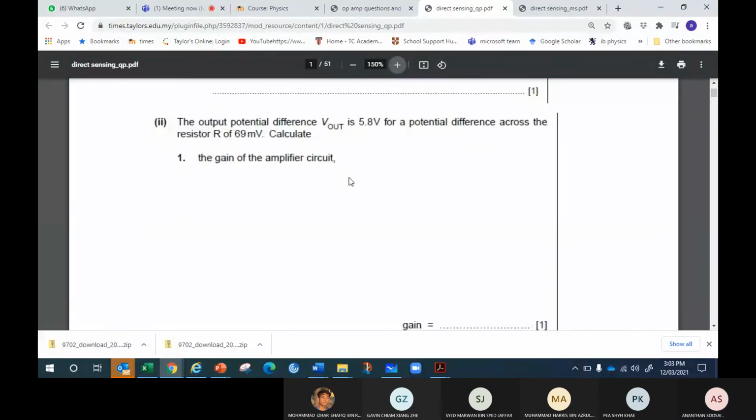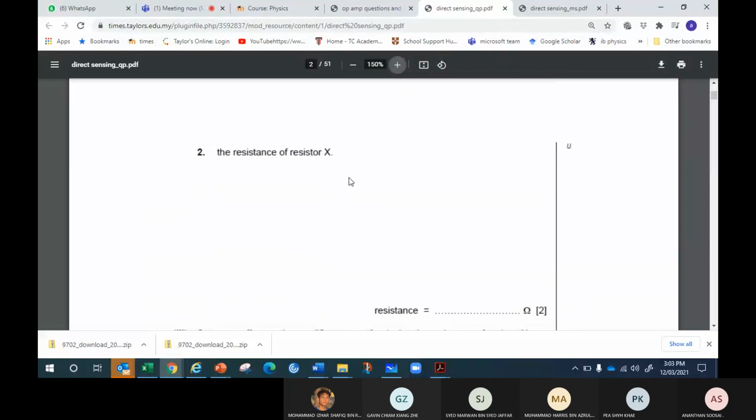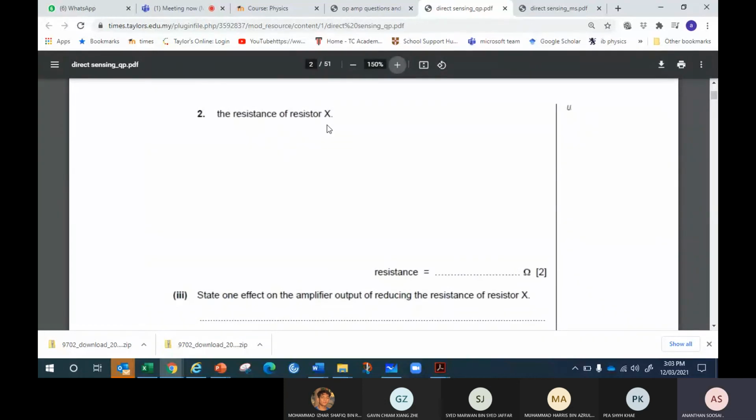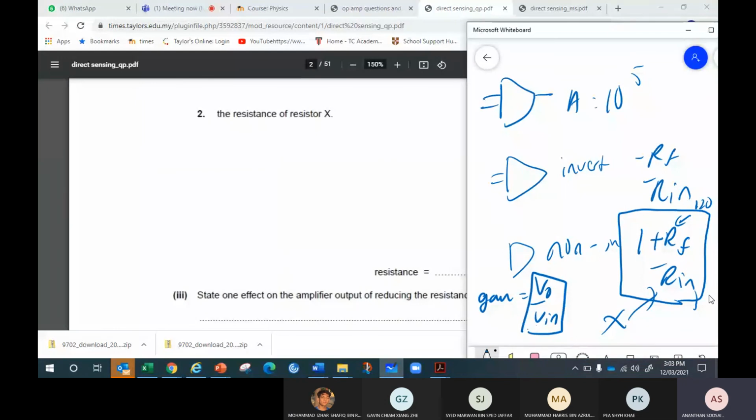Okay, so next, find the resistance of X. How do you find the resistance of X? Of course, you know the gain, so you can use 1 plus RF over Rin as your gain, and find the Rin.